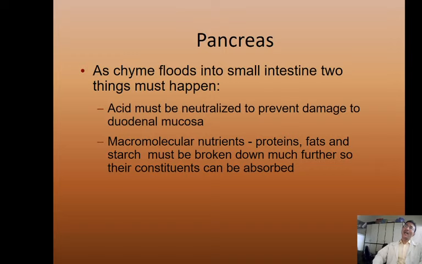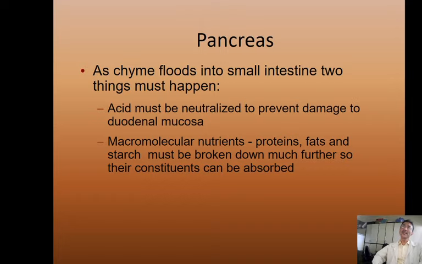Now, as food enters from the stomach into the duodenum, or as chyme enters into the small intestine, two important things have to take place. We know that the food, when it is in the stomach, has an acidic pH. There is a gastric secretion, or gastric juice, which has high quantities of hydrogen ions.